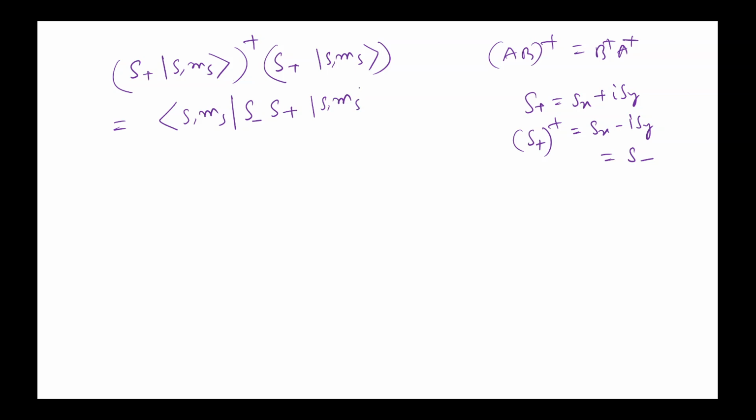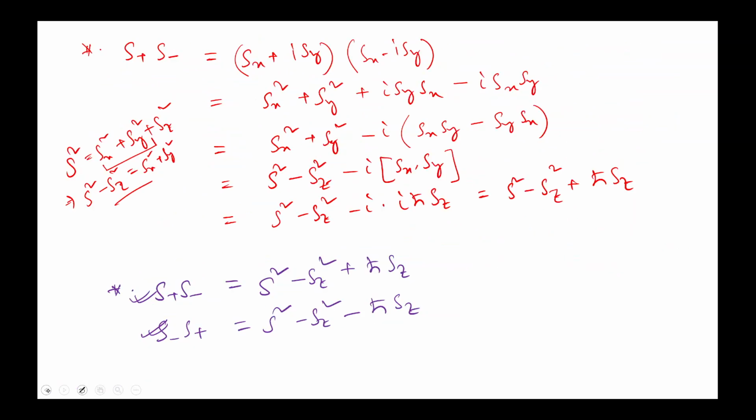So this is basically S minus, and now you have S plus here and |S, ms>. Now we'll use this property of S minus and S plus that I have derived. Let me just show you: S minus S plus equals S square minus Sz square minus h cross Sz. This property.